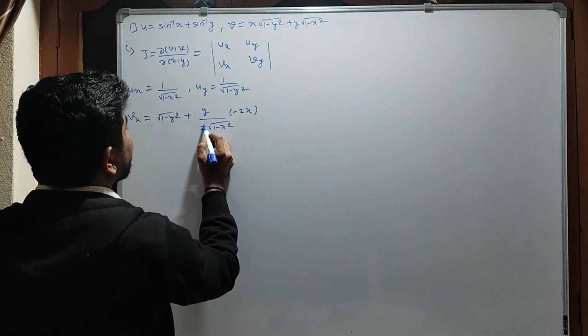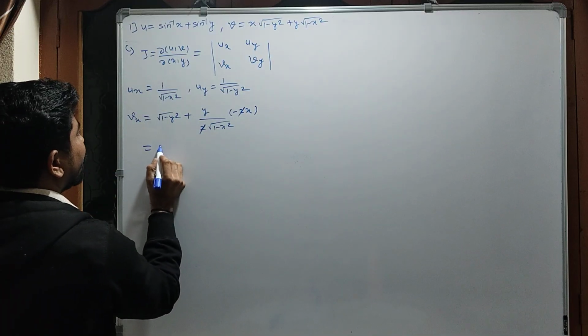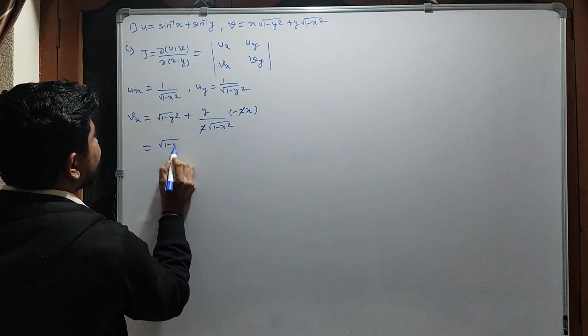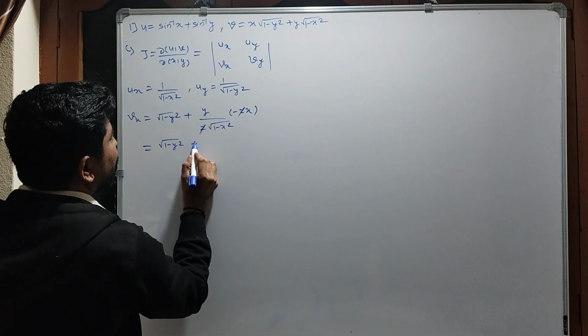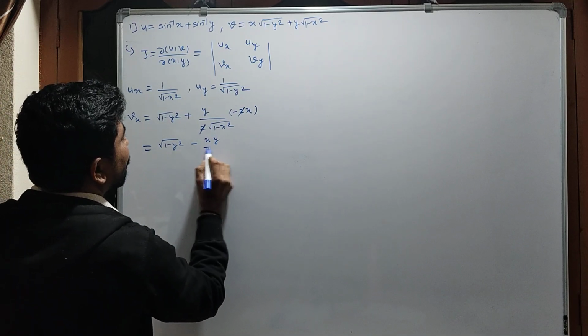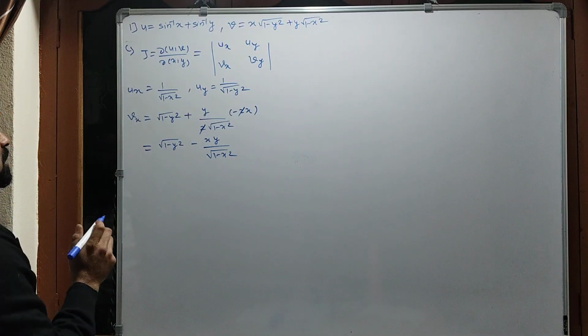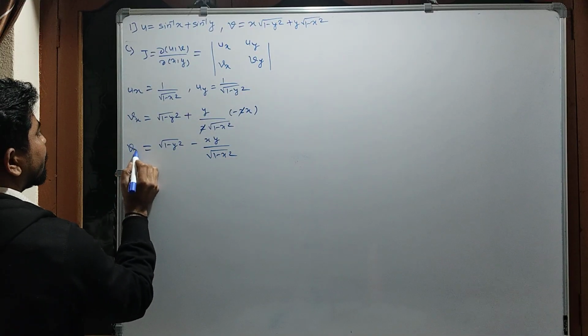Here the 2 gets cancelled, which is equal to under root 1 minus y square minus xy by under root 1 minus x square. So this is the partial derivative of v with respect to x.